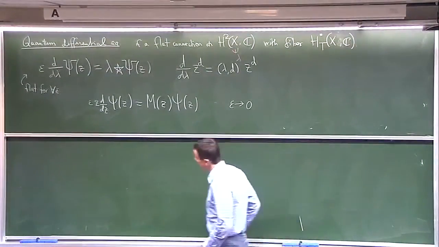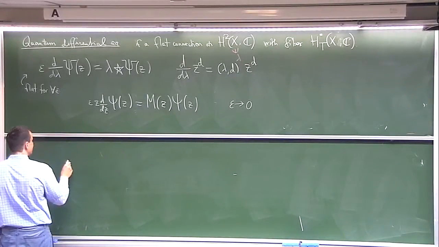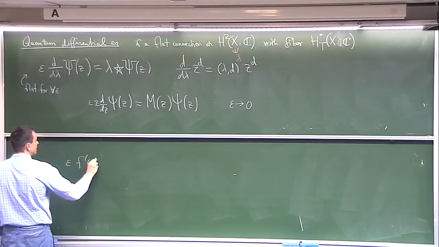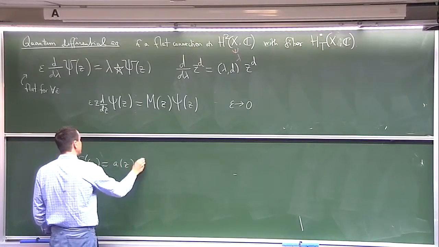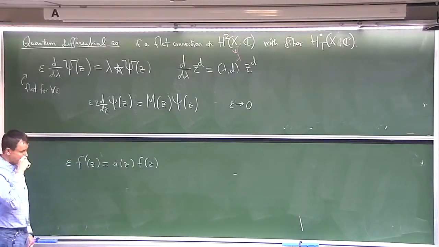So suppose I have a function: epsilon f prime of z is equal to some a of z times f of z. Of course, this I can solve.